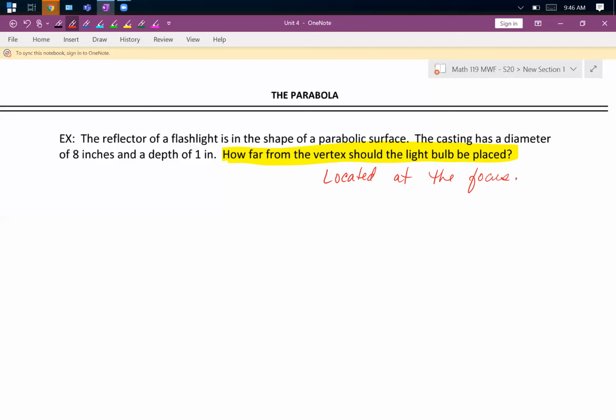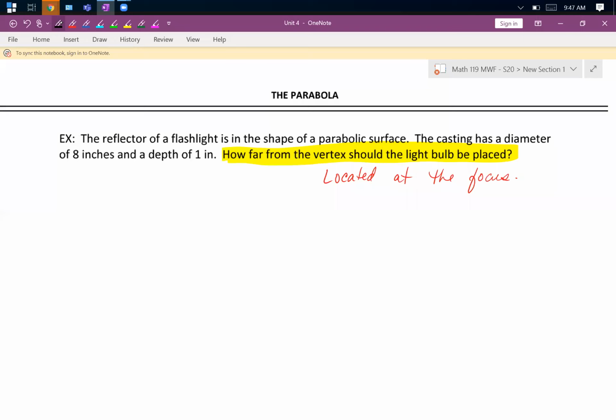So basically, they've given us this information and they're asking us to find the focus of this parabola. But in order to identify the focus, we need to know the p-value. So we basically have to write the equation.